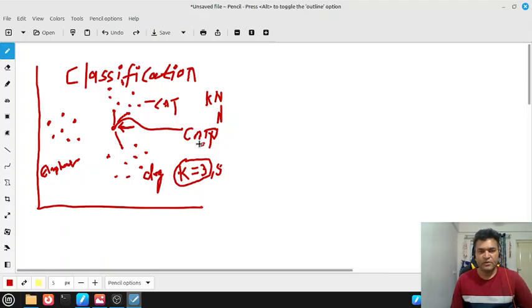We will test the model with the same data set, dividing it 80 and 20 percent. Then we will give the input to the already trained model, and it will give us the output as cat in this situation. So this is the complete classification example with the help of mathematics. In our next video, we will see how we can program it.